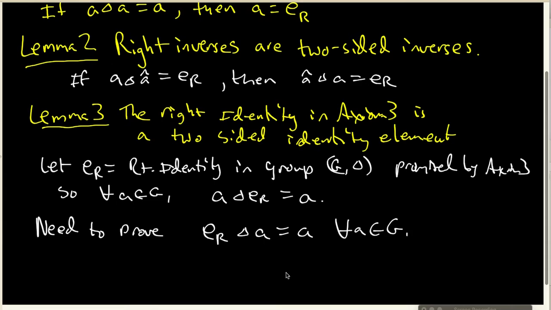And our strategy is going to be to start with the left-hand side of this equation and manipulate it until we get to the right-hand side, starting with an arbitrary element inside our group. So let's go to the next page so that we can do that. So let's let A be any element inside G. So A is arbitrary.